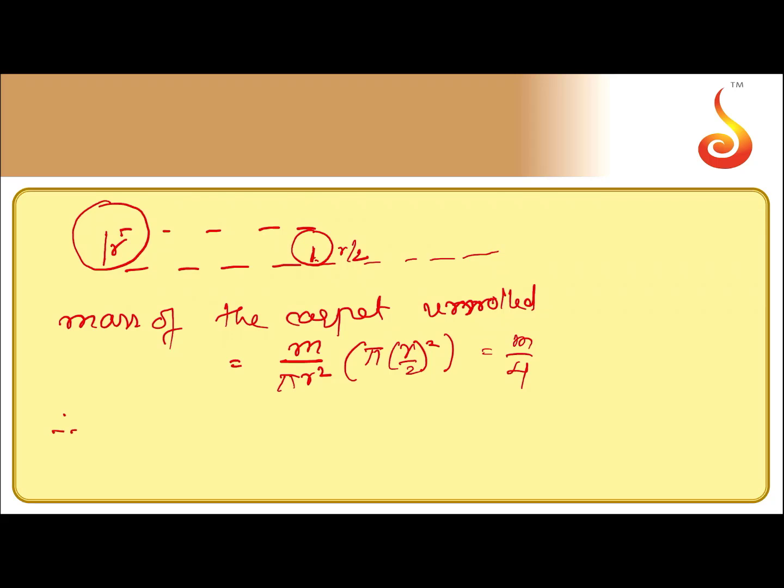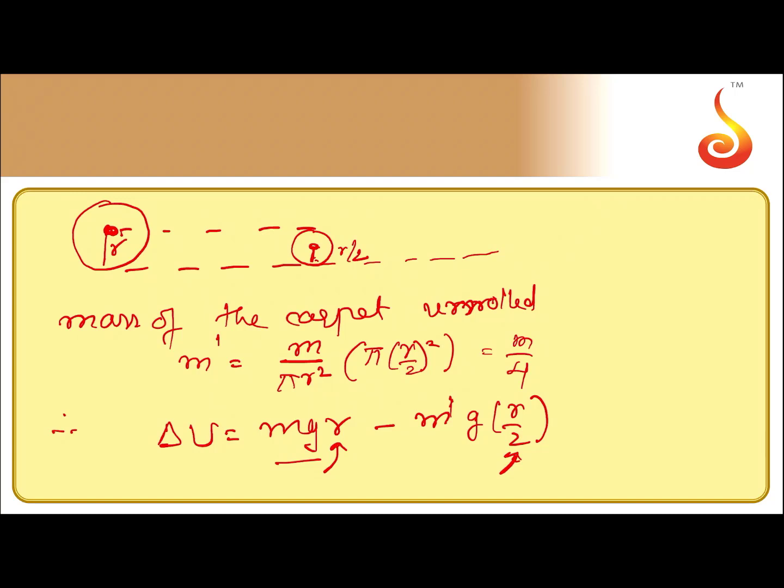Therefore, the decrease in its potential energy is m g r minus, if I call this m dash, m dash g r by 2. This is the initial potential energy. Potential energy is taken with reference to the center of mass, which is at a distance r initially and r by 2 finally.